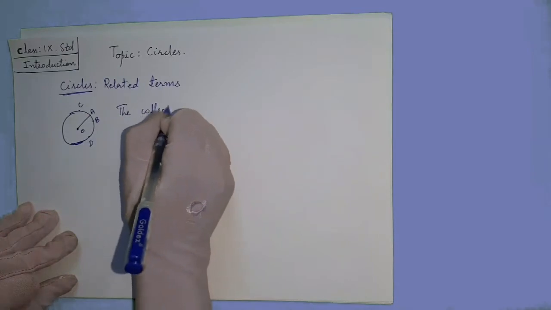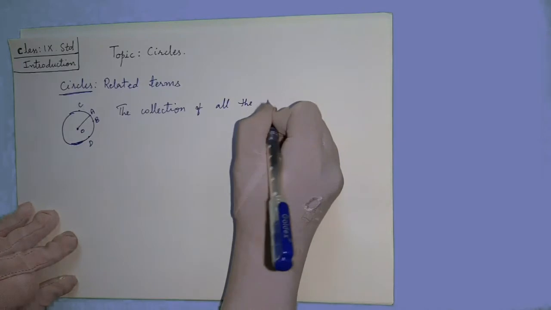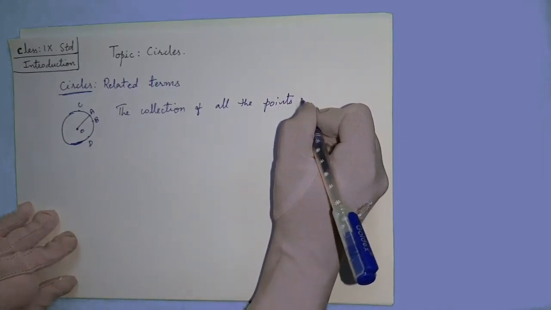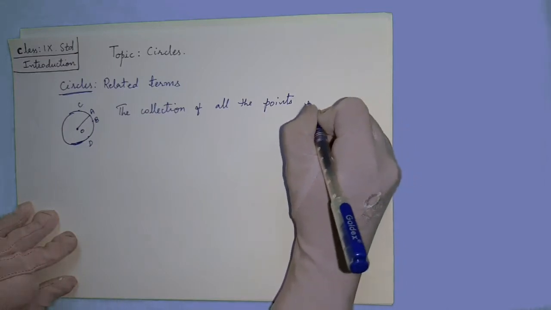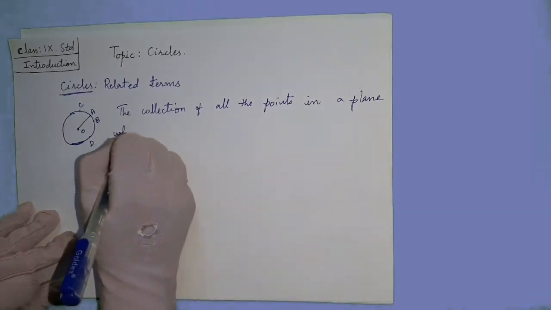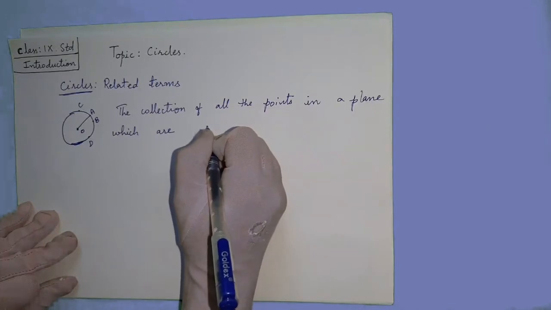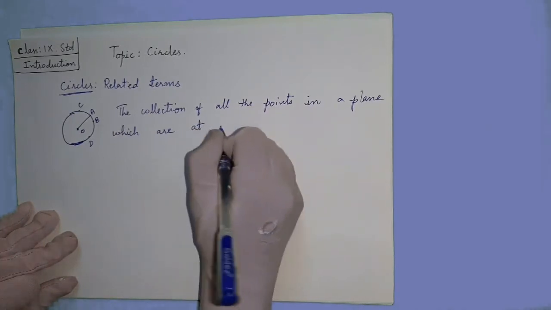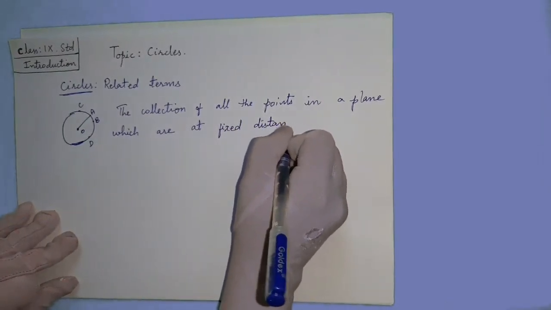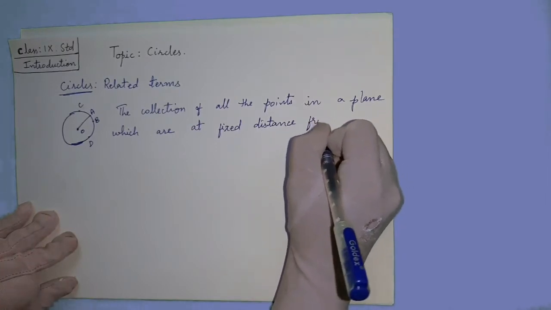So what we can write as the definition here: the collection of all the points in a plane which are at a fixed distance from a fixed point in a plane.